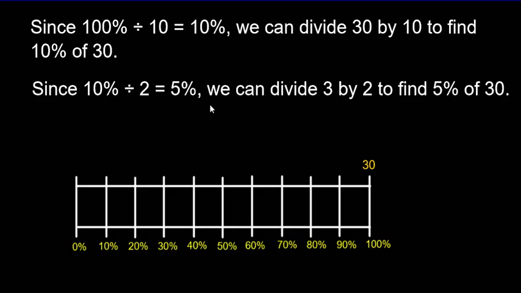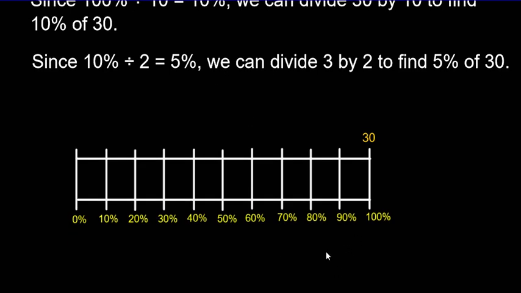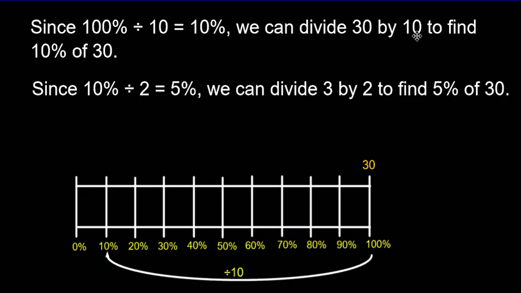Since 100% divided by 10 equals 10%, then we can divide 30 by 10 to find 10% of 30. When we divide it by 10, we get 3. Since 10% divided by 2 equals 5%, we could also divide 3 by 2.